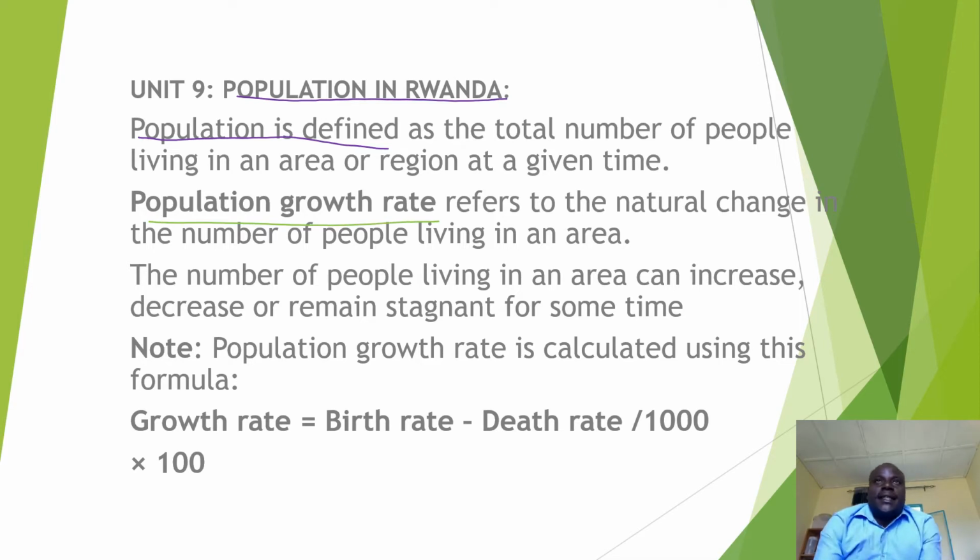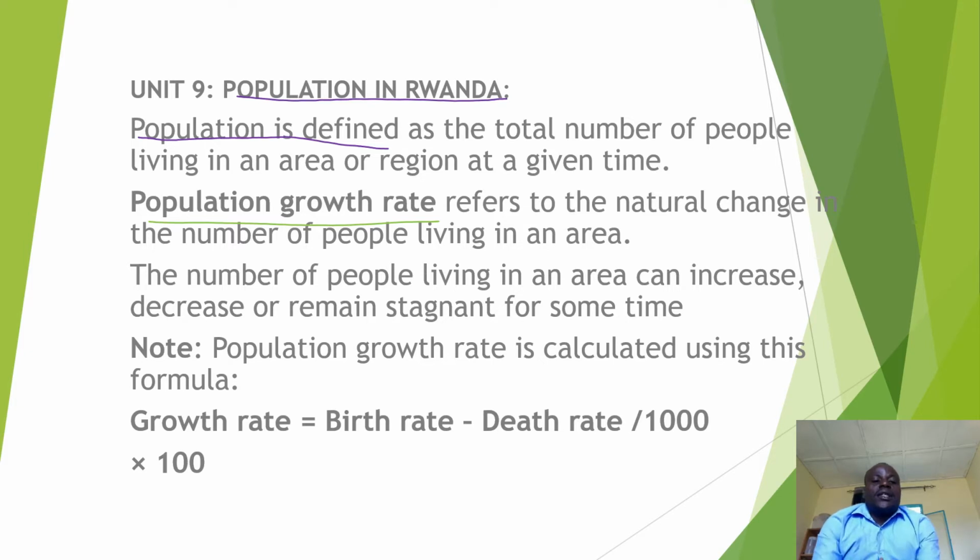Population growth rate refers to the natural change in the number of people living in an area. This change might be positive or negative. It can also remain the same, no change.